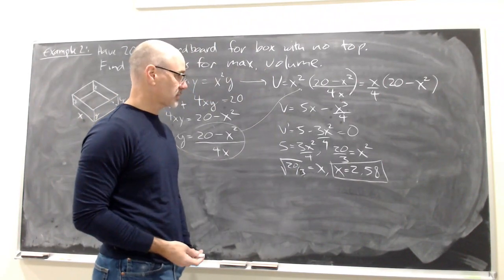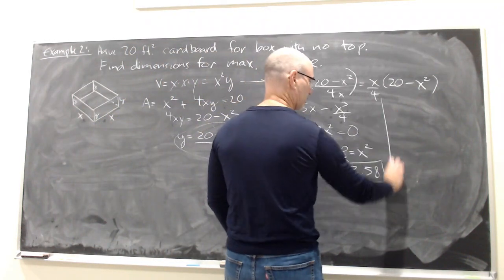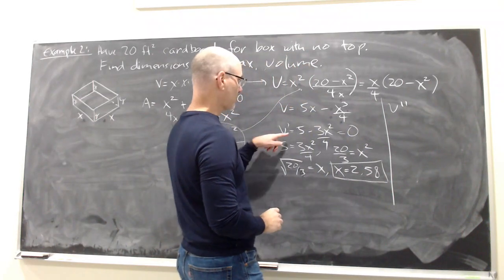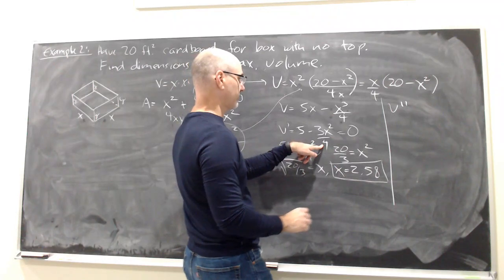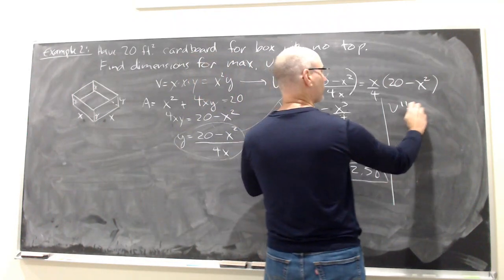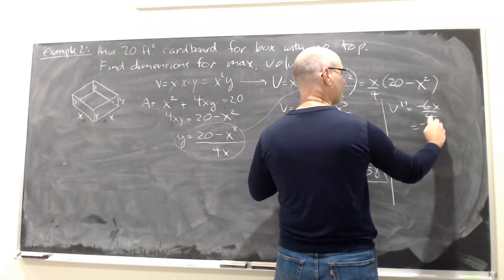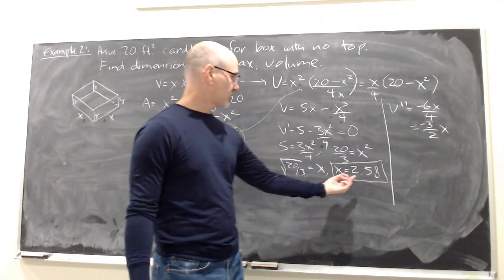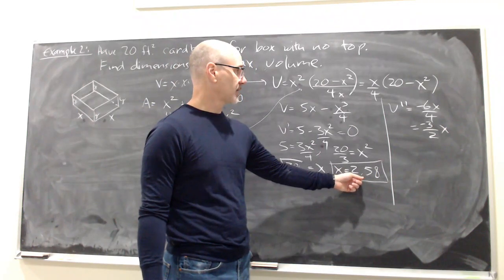And we'll test it using the second derivative. Right. So if I come up here, v double prime would just be minus 6x over 4, which is minus 3/2 x. If I plug 2.58 into that, then I get something negative, right?